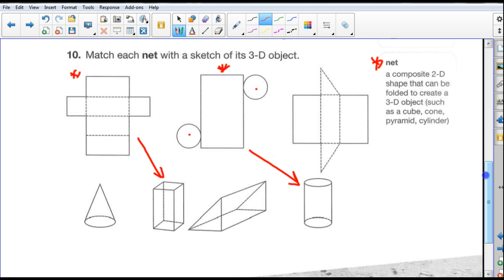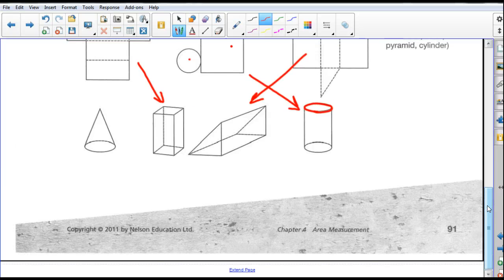So if I was to cut around there, open it up like a can of soup on both sides, this is what I would end up with, and fold it out. This next one, if I was to open it up and fold it, looks very much like this prism right here. Okay? So that's the introduction to Chapter 4 on measurement of area. Okay, so we're going to go on to 2.1.